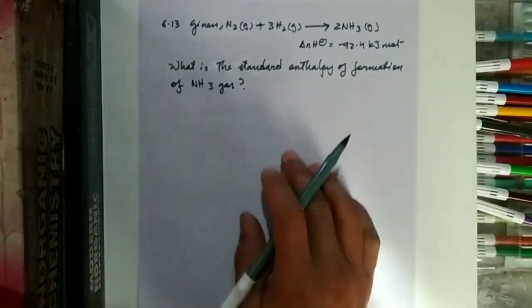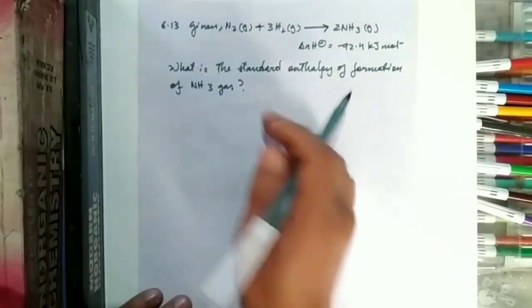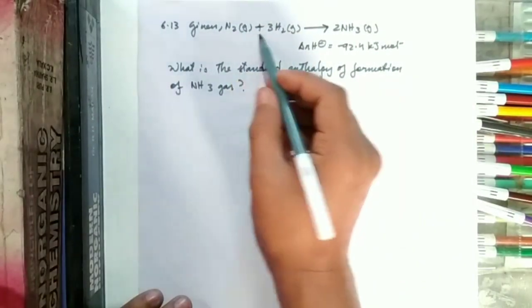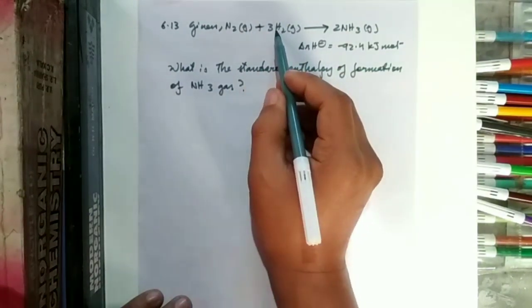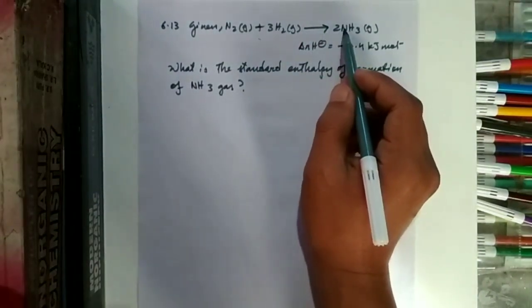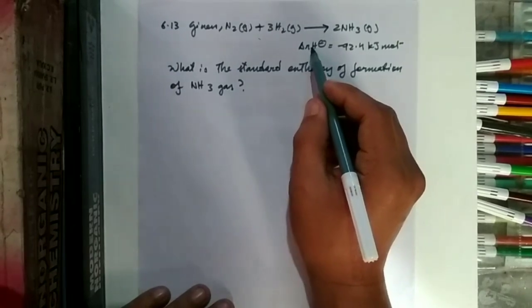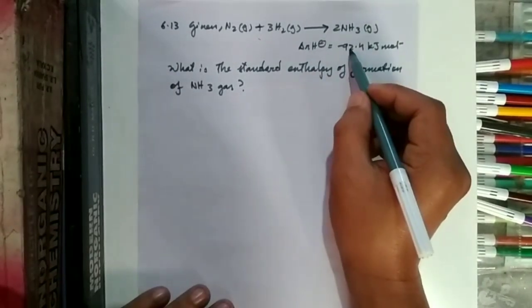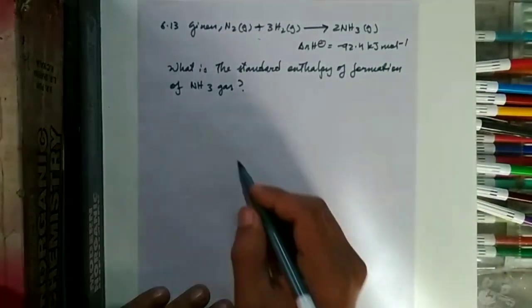Let's see the next one. 6.13 exercise. Given N2 gas reacts with 3 moles of dihydrogen gas to give 2 moles of ammonia. The enthalpy of the reaction here is minus 92.4 kilojoule per mole.